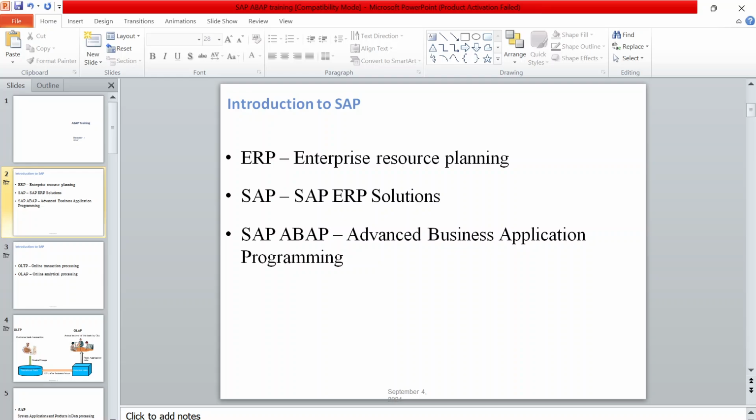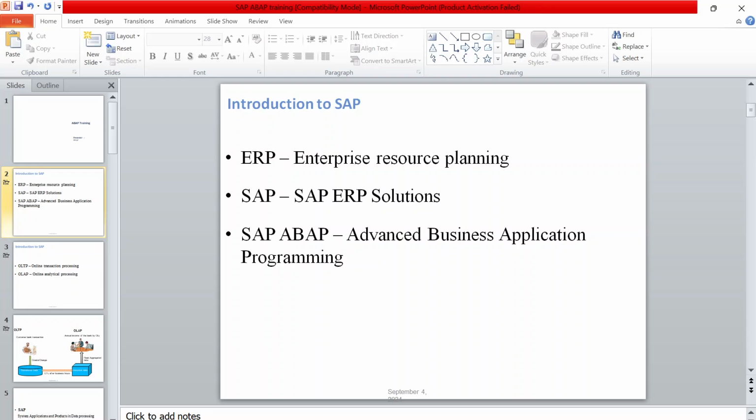So ERP is enterprise resource planning software. So SAP is an ERP software. There are many ERP softwares, including SAP, Microsoft Dynamics, Oracle Apps. But now we are learning SAP ERP, which is the most popular ERP software. So what is ERP first? It's an enterprise resource planning software.